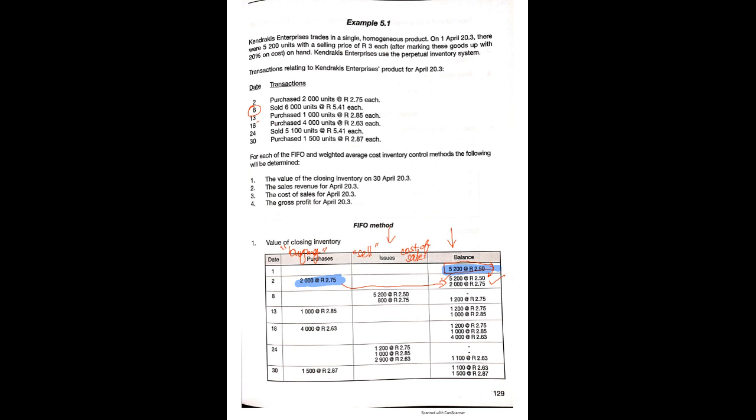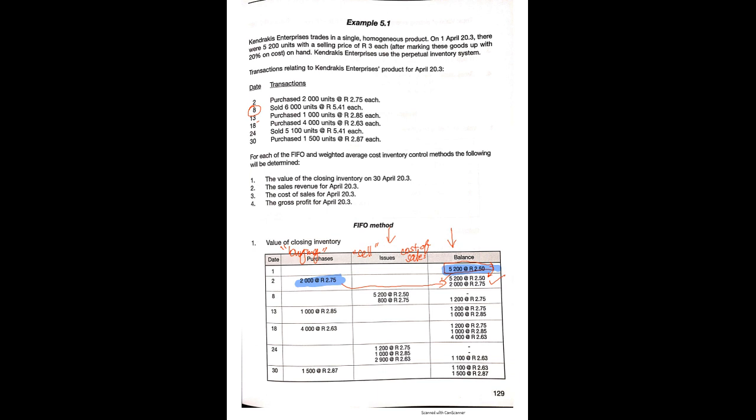So now you need to know, they said to you 6,000 units are sold. So here you will apply the FIFO method where it says to you, if 6,000 units are being sold, we need to sell them off from what was there first. So basically from the 5,200 that had been available, we need to sell off from there first.